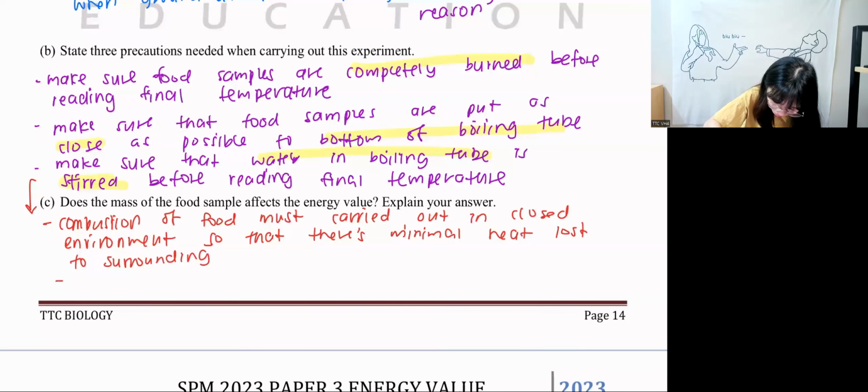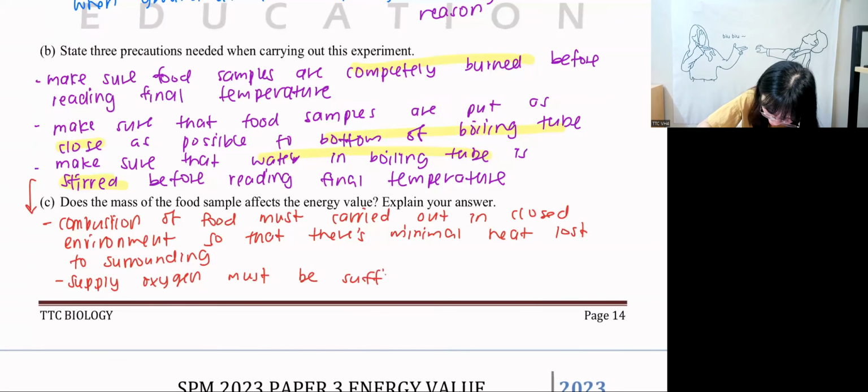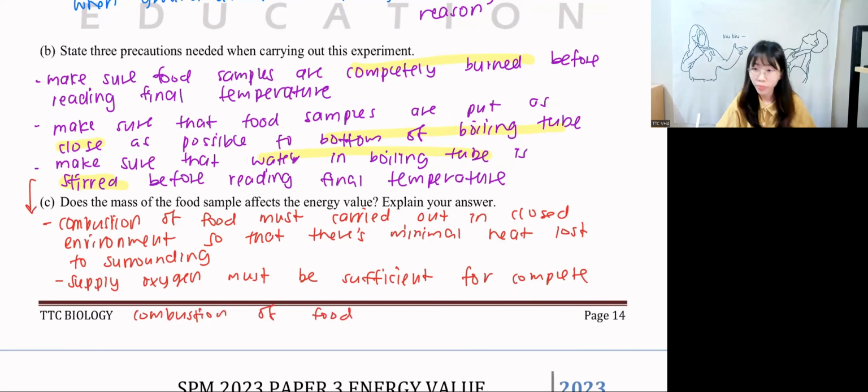Okay, next, you can write supply if there is no oxygen. So you're going to write: supply oxygen must be sufficient for complete combustion of food. Yeah, the flame will eventually go off by itself.